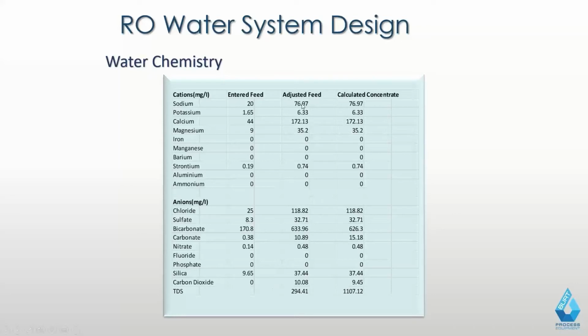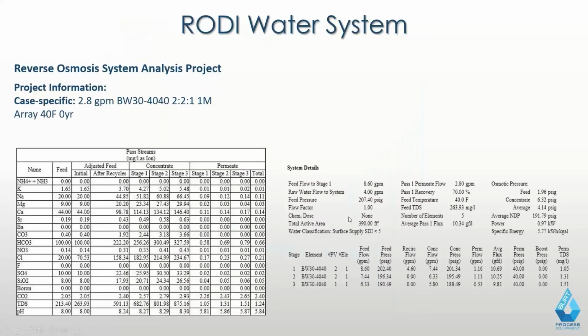Here is the adjusted rate, which is when you actually do the calculation. When you have things in your water chemistry that aren't accounted for, you do what's referred to as an adjusted rate. This shows you that you have about 300 TDS coming into your system. Then you calculate a concentrate rate, and your RO reject is 1100. What does that all mean in English? This is really what an RO projection looks like.